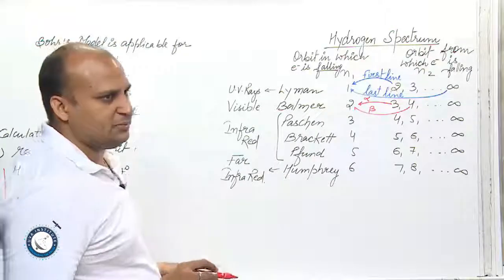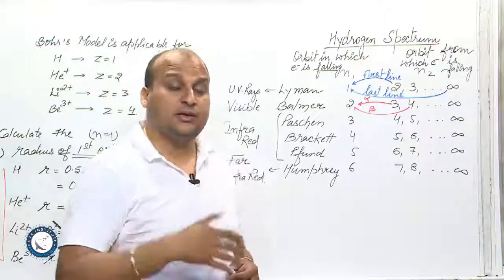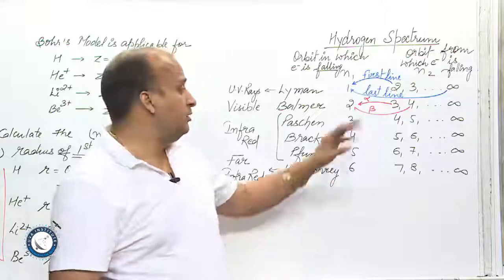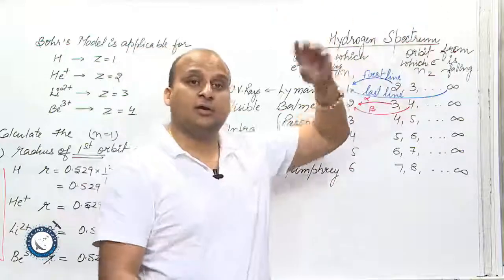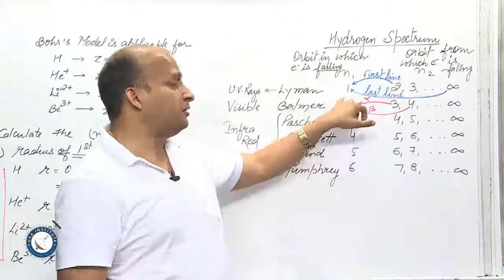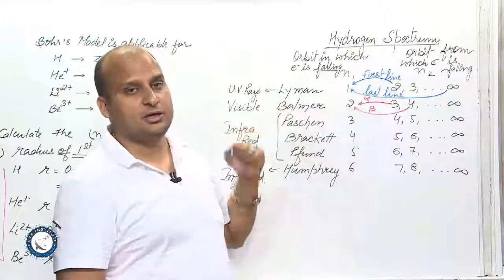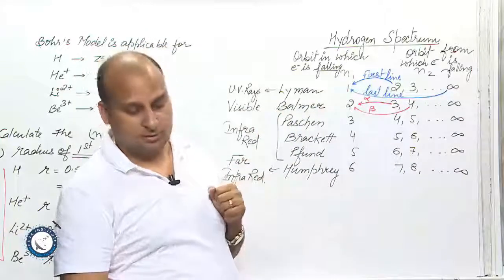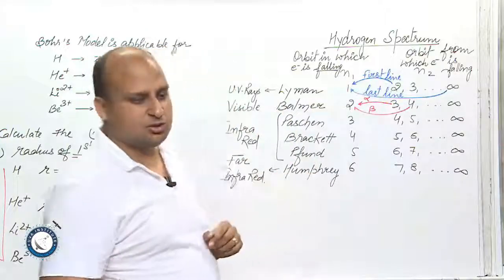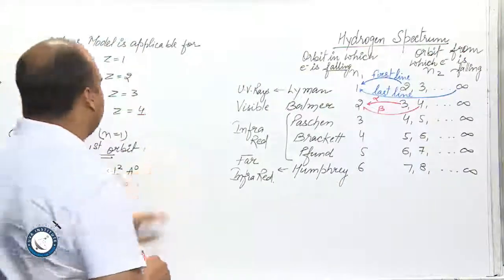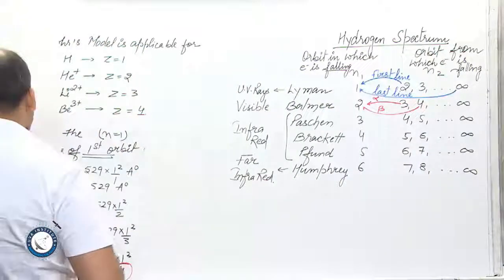Now, the most interesting part is, see, the electron is falling from any orbit, 2, 3, 4, whatever. If it falls to the first orbit, all the radiations are in ultraviolet rays. How is it possible? To get the answer to this question, you have to do certain calculations. Now, what calculations you have to do?